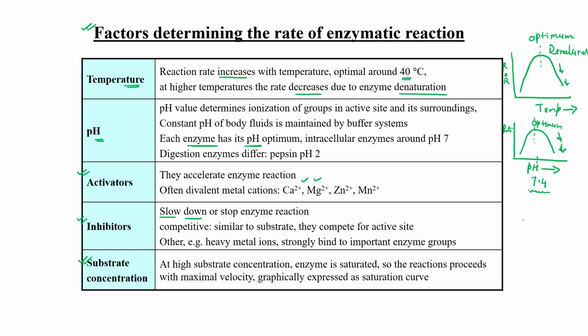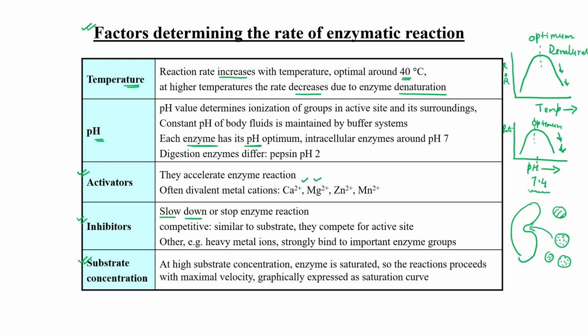If this is an enzyme, and this is a substrate, and this is an inhibitor, they are structurally similar, so they can mimic it; their shape is similar to the substrate. And if the concentration is comparatively more in that particular reaction, then what will happen?